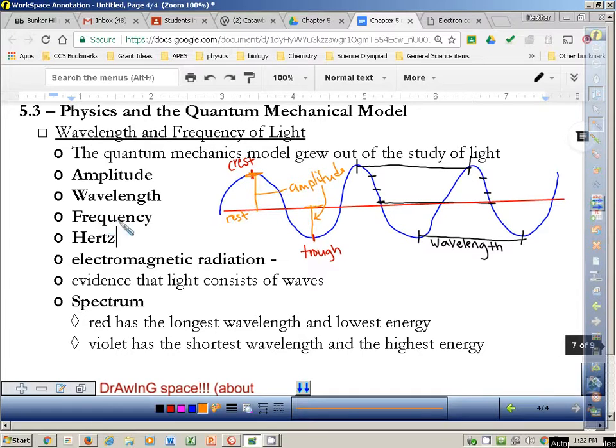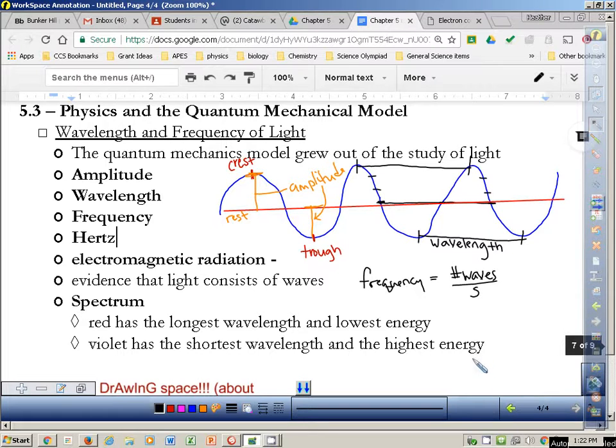Okay, anybody know what frequency is? It's kind of how often. It's sort of how often. I'm going to write it right here. Frequency is the number of waves per second.